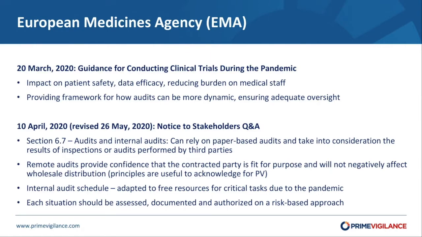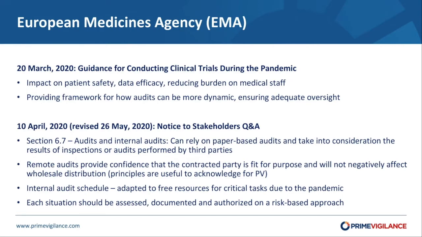So it also discusses remote audits that could provide confidence, if you outsource any activities with a contracted party, that they are fit for purpose and it will not negatively affect any kind of activity in the company, such as distribution and supply. And these principles are also useful to acknowledge for PV.